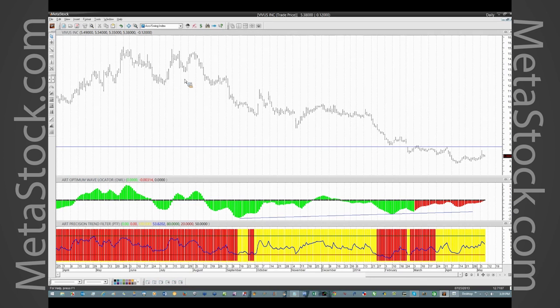But when that thing is red like this, there's a 75% accuracy that you're going to go down again. So if your system generates a short trade and you've got a red PTF and you can take that on the next bearish owl, then that's really going to load the odds in your favor.